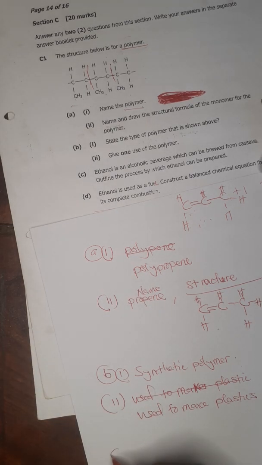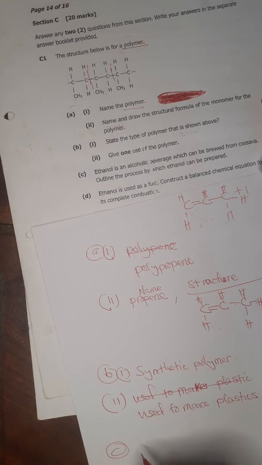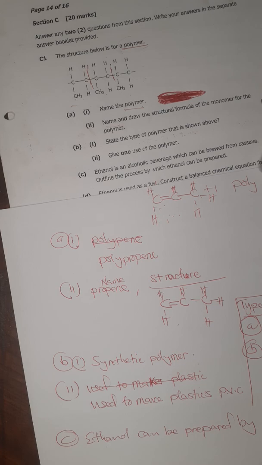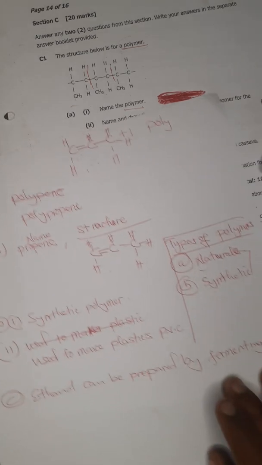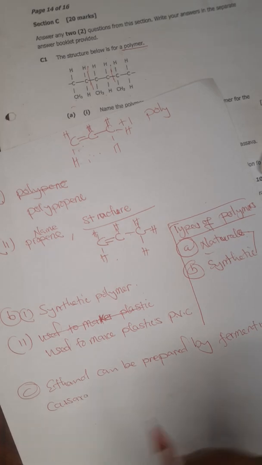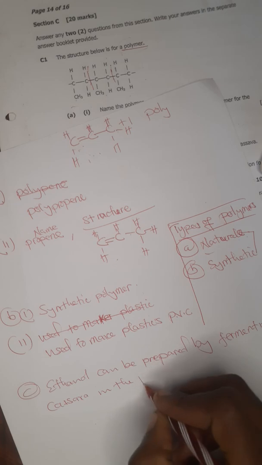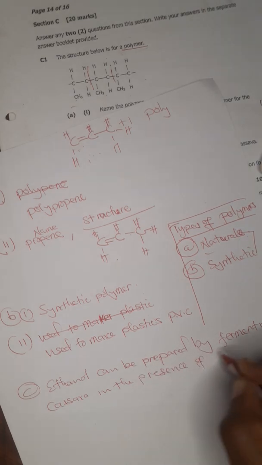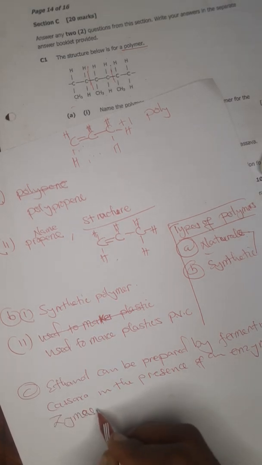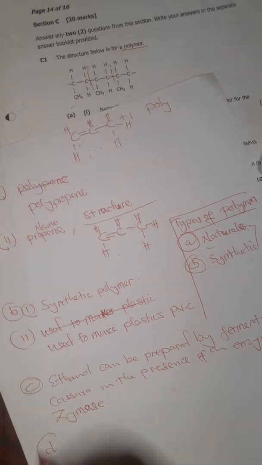So we go to the same question C. Ethanol can be prepared from cassava by fermenting cassava in the presence of an enzyme zymase.